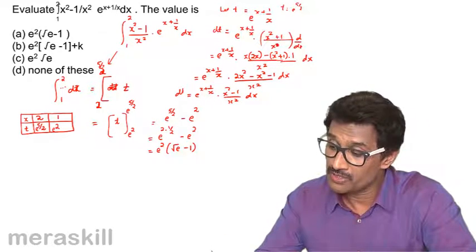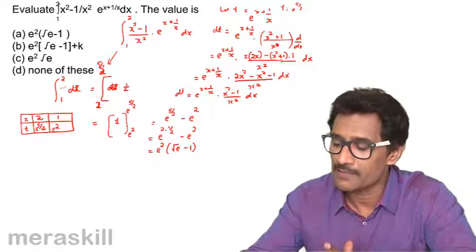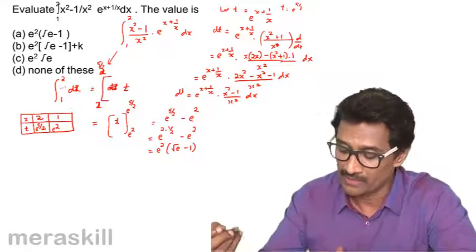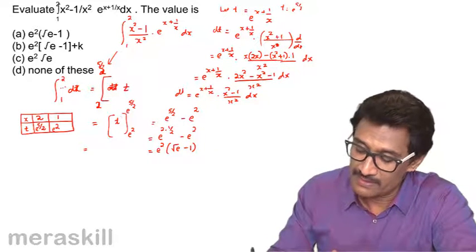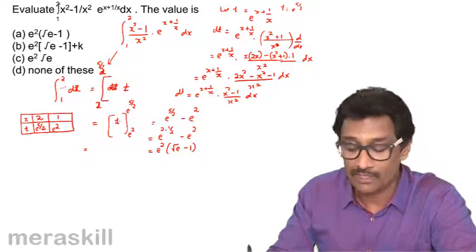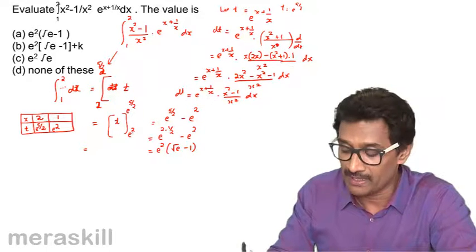Or the other option is you substitute back as e raised to x plus 1 by x and substitute the values 2 and 1. It's all the same. Ultimately the integral value turns out to be t in the domain e raised to 5 by 2 minus e raised to 2, that is f of b minus f of a.